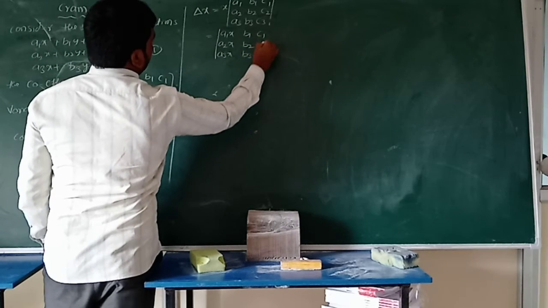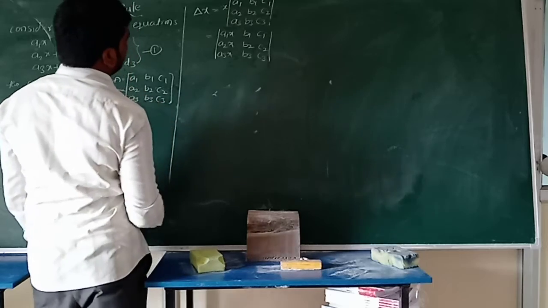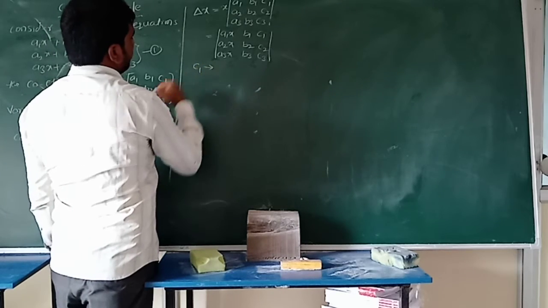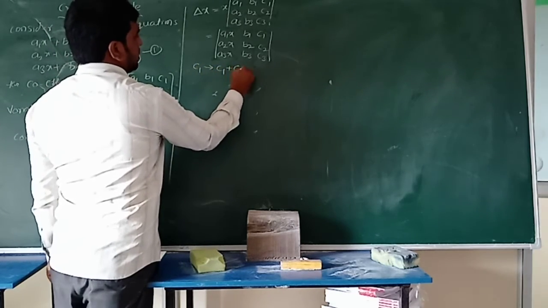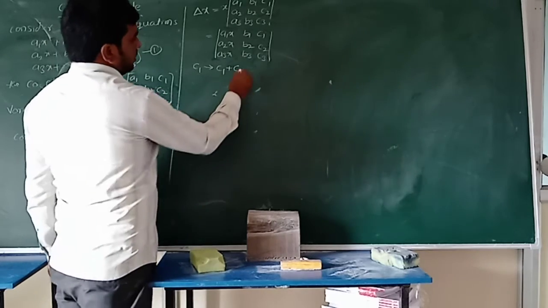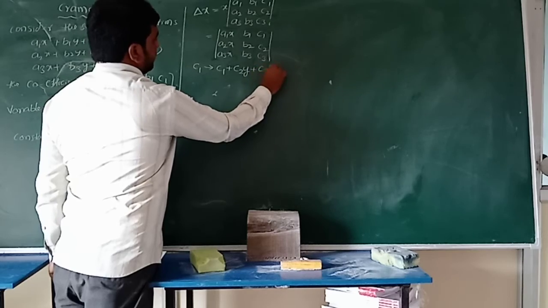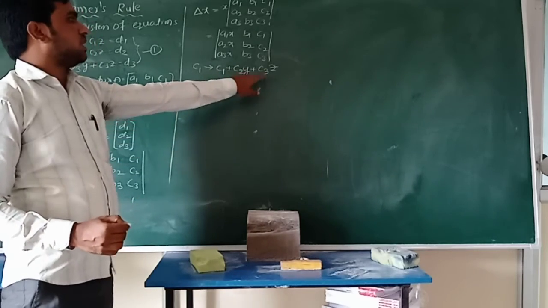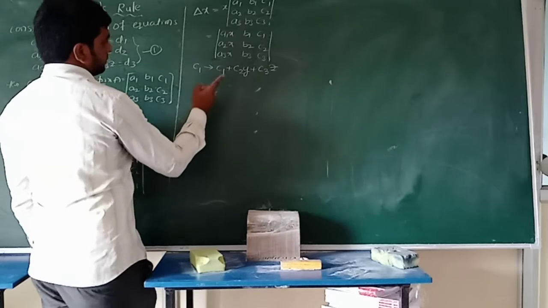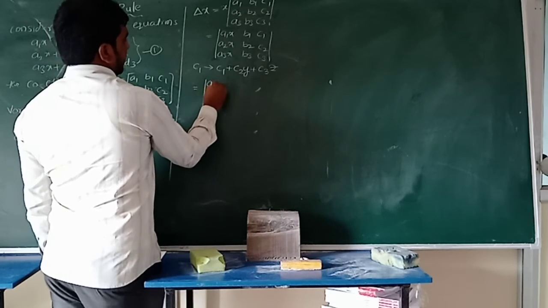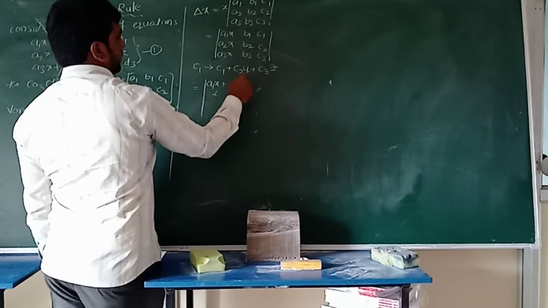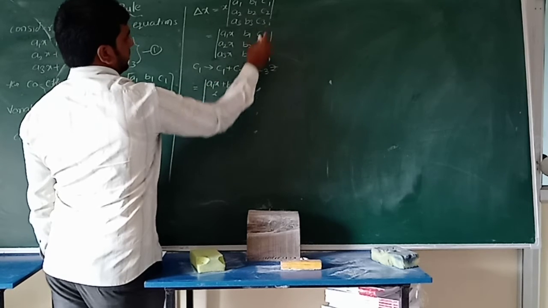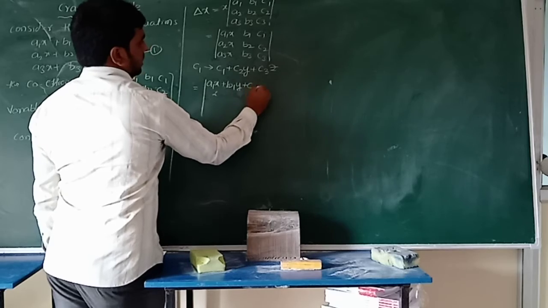Now in this matrix, apply the column operation: column 1 plus column 2 into y plus column 3 into z, that is a1x plus b1y plus c1z.